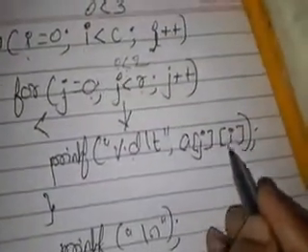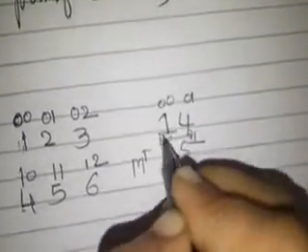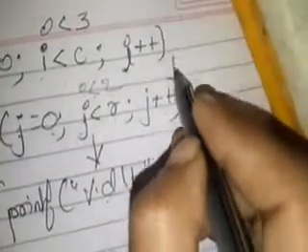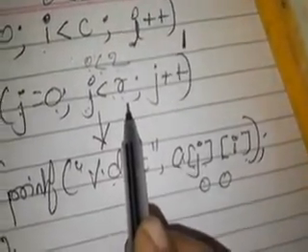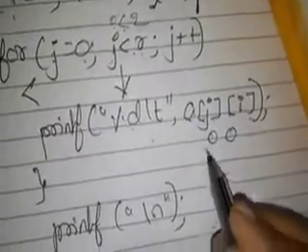That is a of j i, that is a of 0 0. Yes, 0 0 is fetched. Next j plus plus, what will it be? 1. Next 1 less than 2, true or false? Yes, it is true. As it is true, it will come inside. A of 1 0.